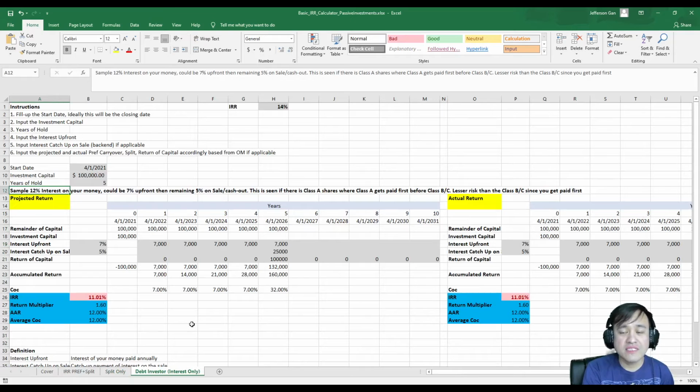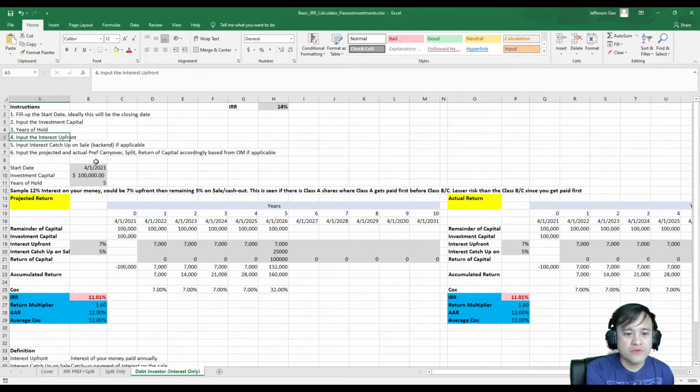Then the last is the debt investor, which is just the interest only. Some investors just want a consistent flow, and they want priority. Because for interest only, they will be priority one in the distribution. So we fill in the start date, the investment capital, and the hold.